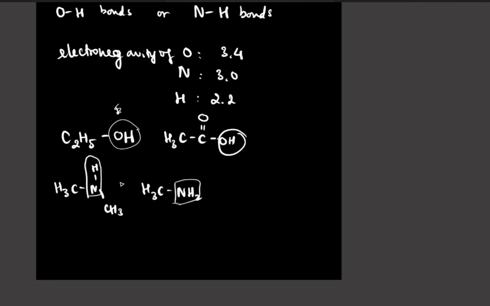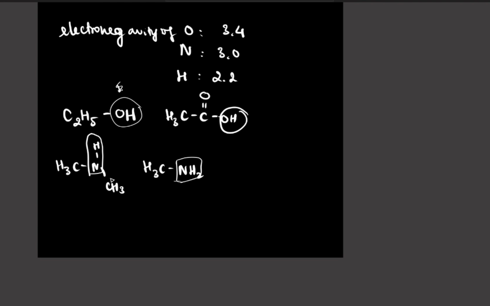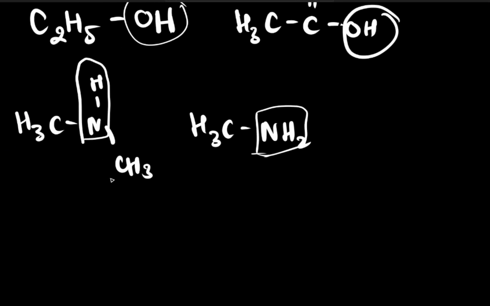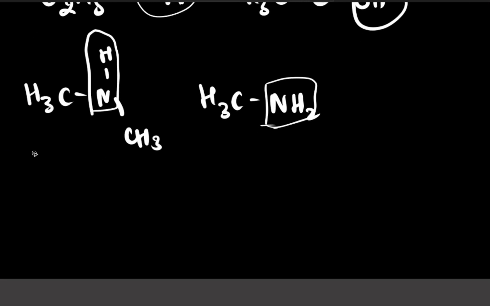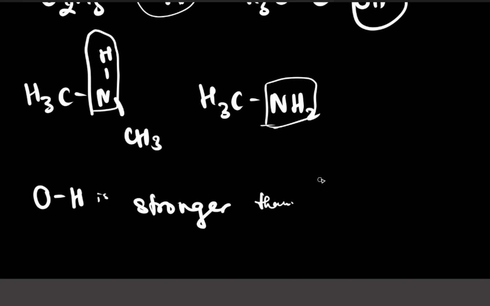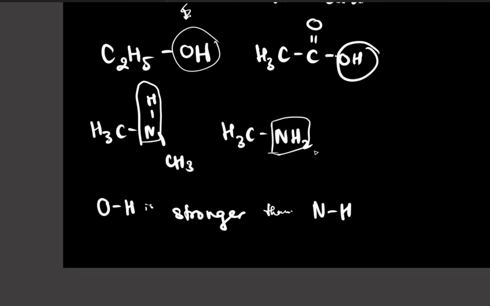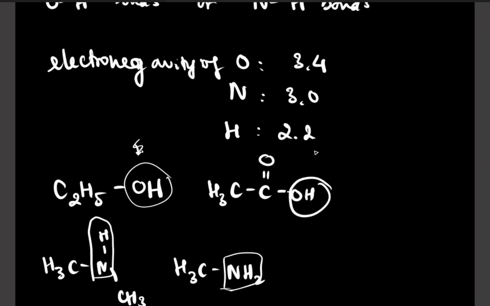However, between these two types of hydrogen bonding, they really have different strengths. The hydrogen bonding with OH is stronger than the hydrogen bonding with nitrogen and hydrogen. This is because of the greater electronegativity difference between oxygen and hydrogen when compared to nitrogen and hydrogen, right?